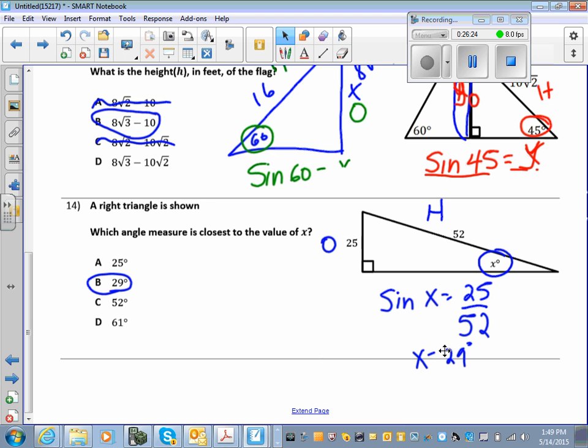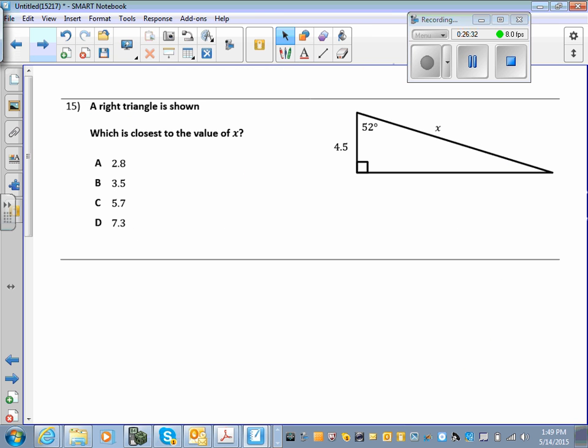All right, the last problem for this is number 15. Again, they gave you an angle, 52, and you label what is given. So 4.5 is what side? The adjacent side, and x is your hypotenuse. So which ratio has AH? Cos.